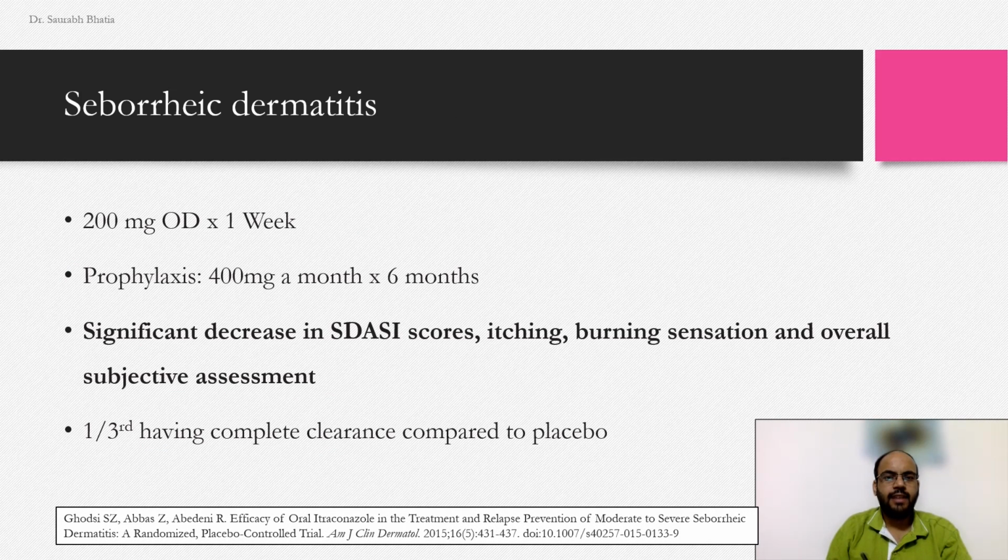Okay, so in the last slide, we discussed the use of itraconazole in skin fungal infection, dermatophyte infection. We'll discuss a little bit about its use in seborrheic dermatitis. Personally, I use it very rarely, in recalcitrant seborrheic dermatitis not responding to the conventional therapies. Many dermatologists believe that repeated activation of seborrheic dermatitis, or an increased intensity of it, is because of the commensal fungi Malassezia furfur.